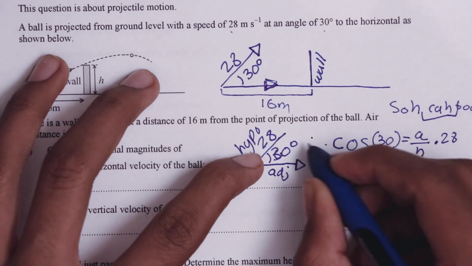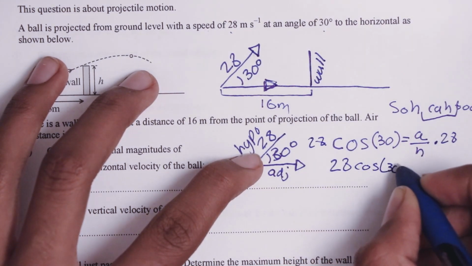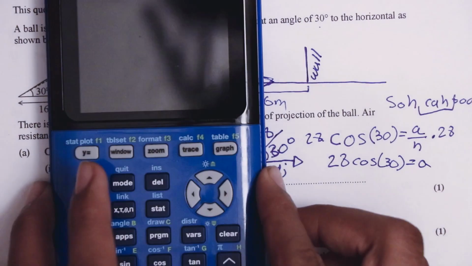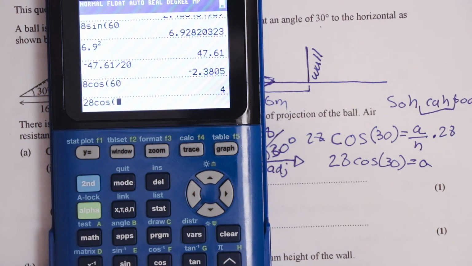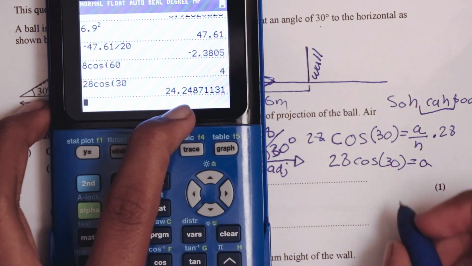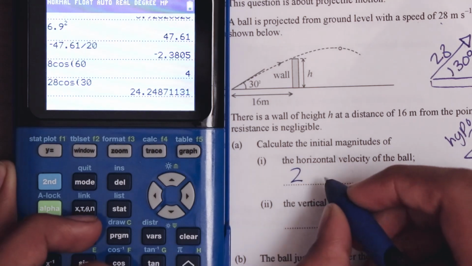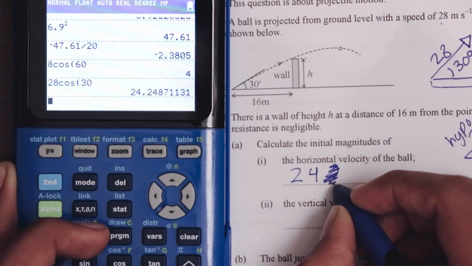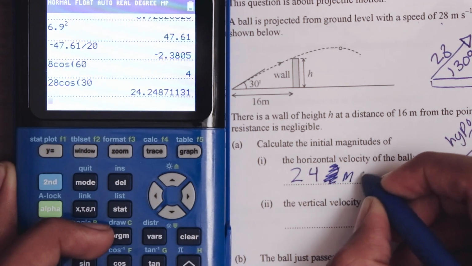So it's just 28 cosine of 30 equals our adjacent, which should be our answer. Let's do it. 28 cosine of 30 is 24.2. Remember what we're looking for, velocity. 24.2, so with 2 sig figs, 24 meters per second.